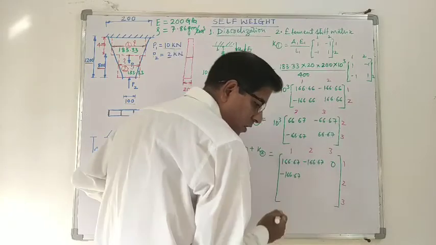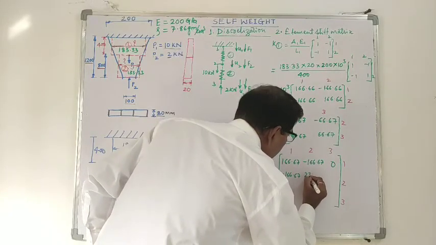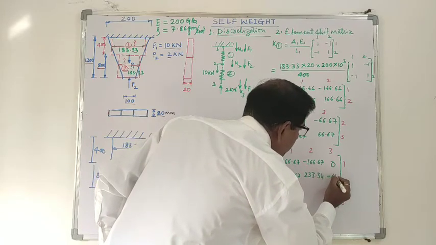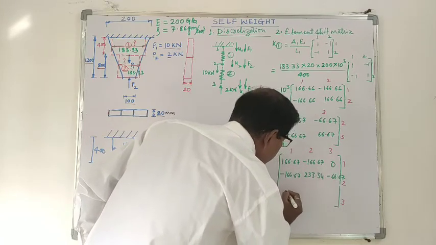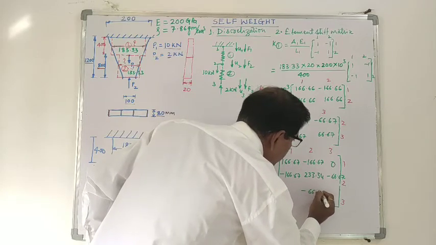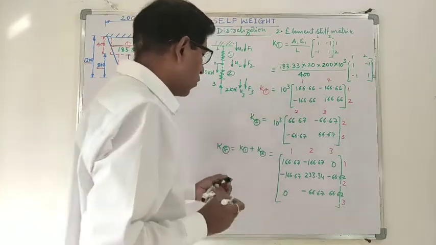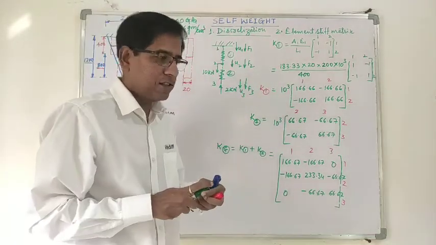It is 233.34 minus 66.67 0 minus 66.67 and 66.67. So this is our global stiffness matrix.